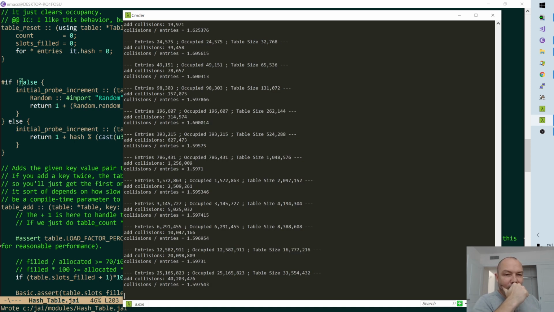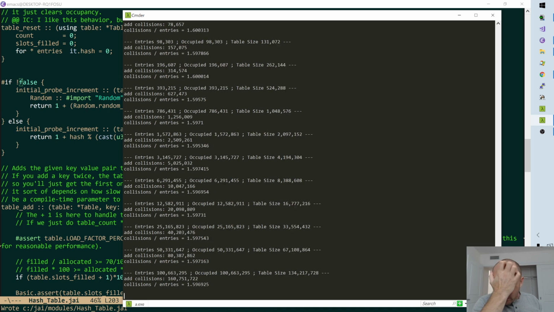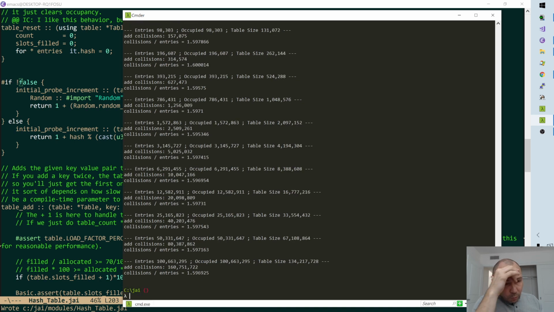In fact, it goes down slightly. This part I don't understand, and I don't know if it's because the random does something to make it completely uniform, or if there's a different problem.